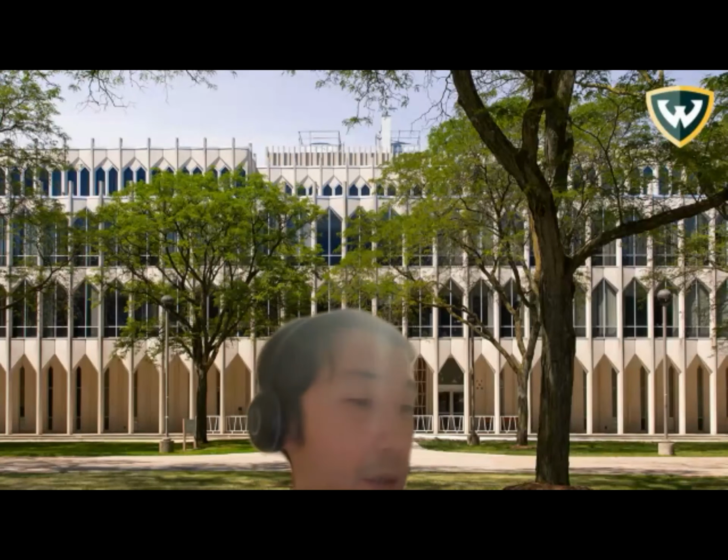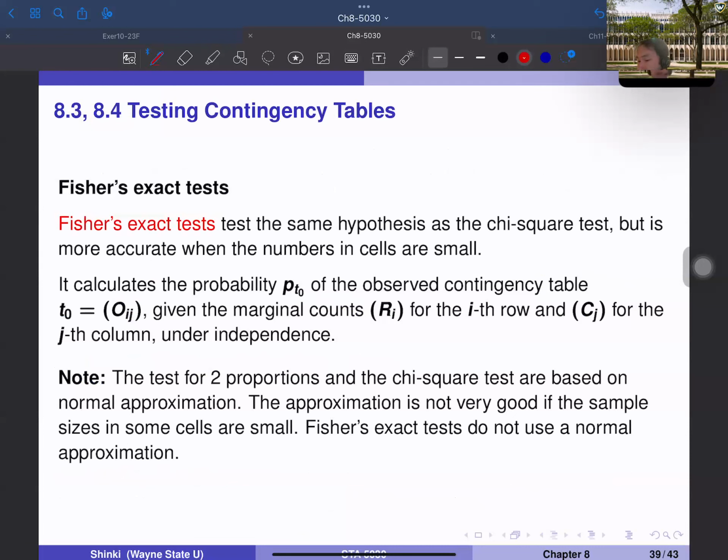So in the chi-square test, our assumption is that the number in each cell is 5 or larger. But sometimes we have very small tables, and some people believe that the chi-square approximation is not good, and it's better to use combinatorics to calculate more exact probabilities.